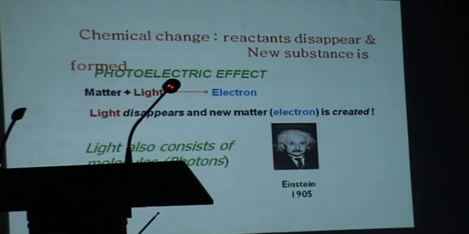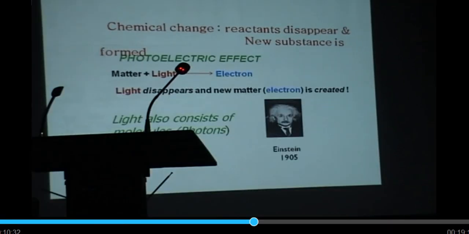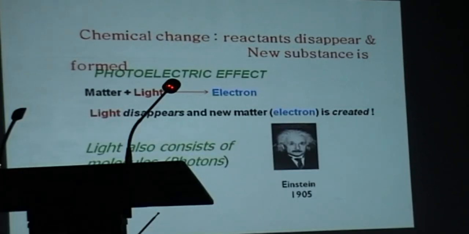And in this sense, photons are the molecules of light. Molecules are the smallest part of a substance that can exist independently. Here also, the photon, or light quantum, is the smallest part of light, that can be considered as the molecules.